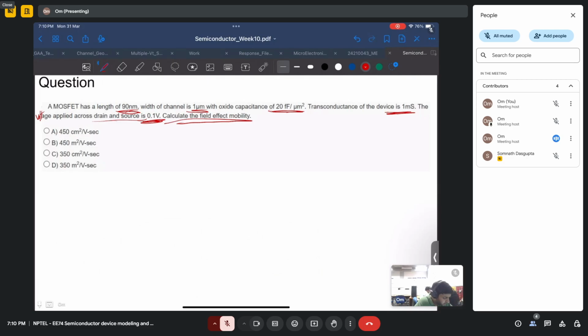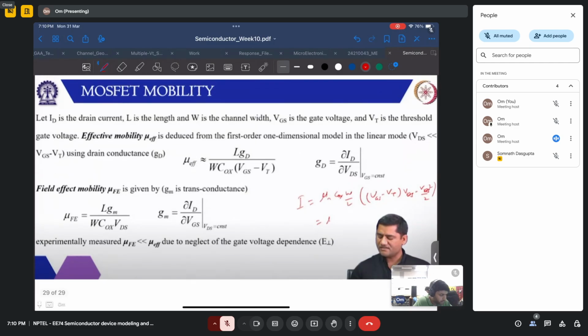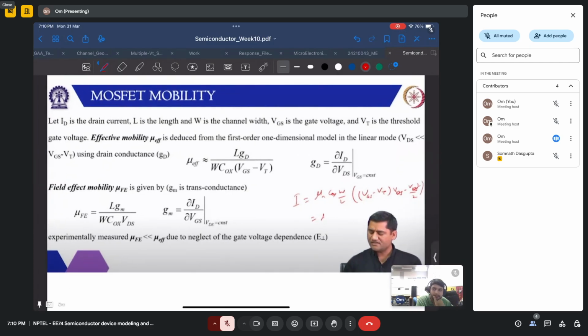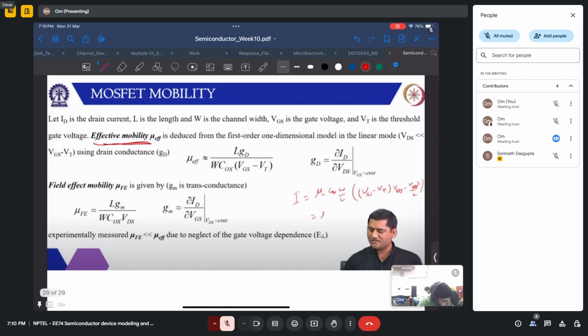So before calculating, let's see what is field effect mobility. There are certain types of mobility that are defined in this week's lectures. First is the effective mobility. Effective mobility is calculated with the help of GD.